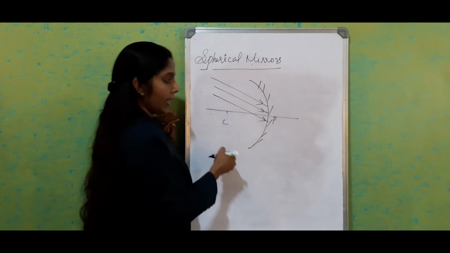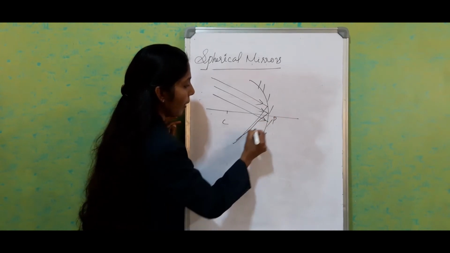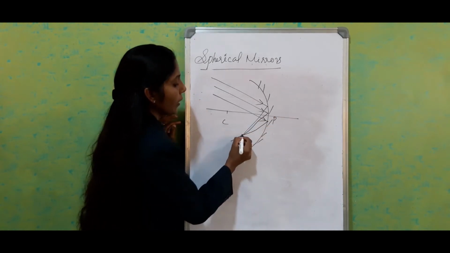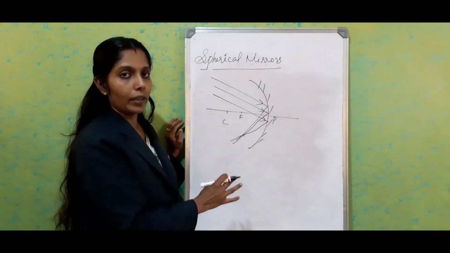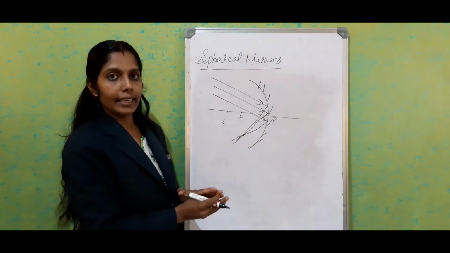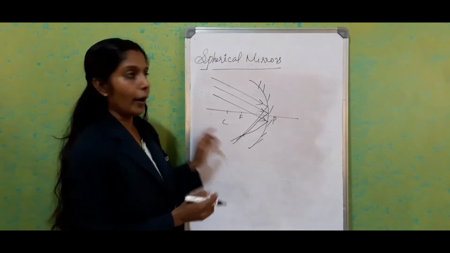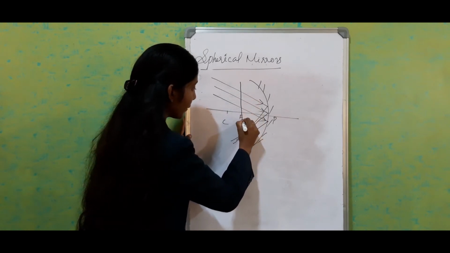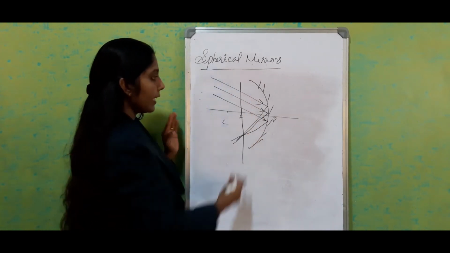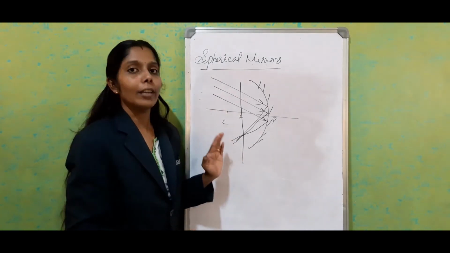Then after reflection, they will come and meet at a point. Just consider this is our original focus, and the slanted rays after reflection join at a point. If we draw a line passing through the focus and this point, we can consider it a plane. We call it the focal plane.